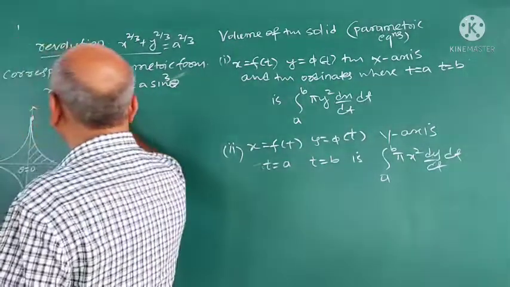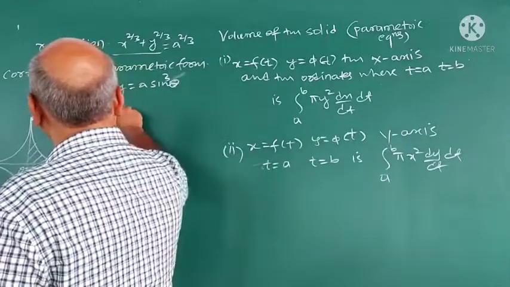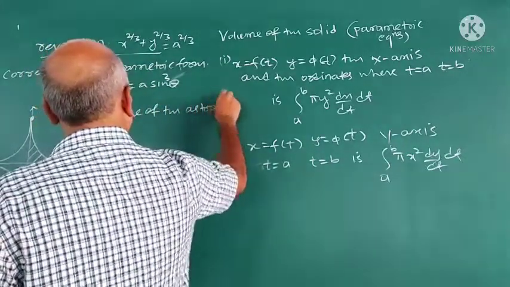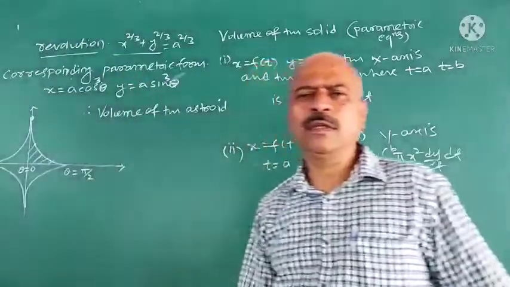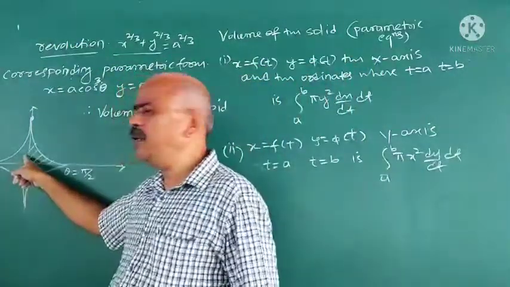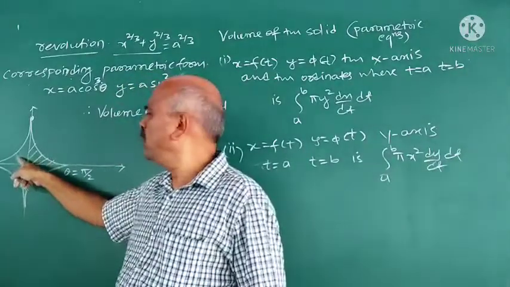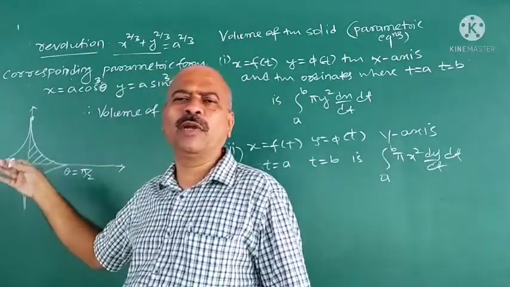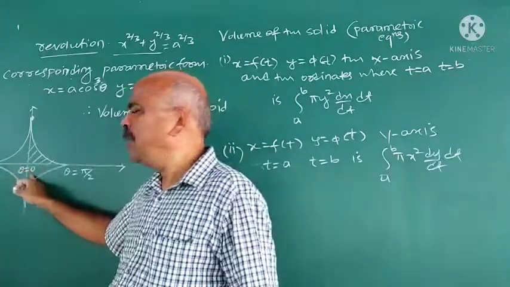Therefore, I take directly the volume of the asteroid. The volume obtained by the solid above the x-axis is the same as the volume of the complete revolution of the area, because of symmetry.